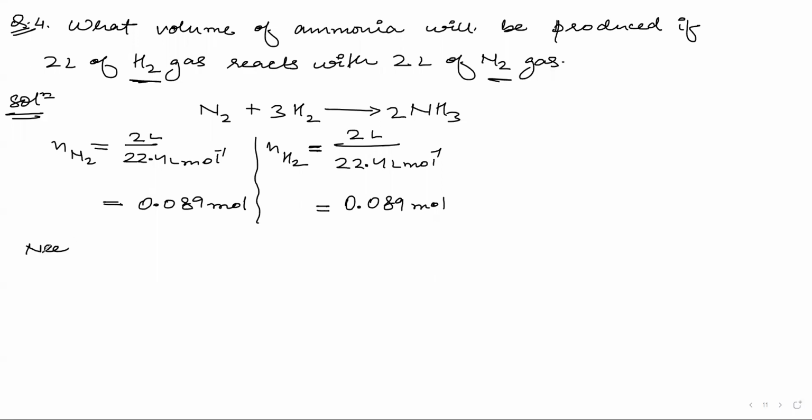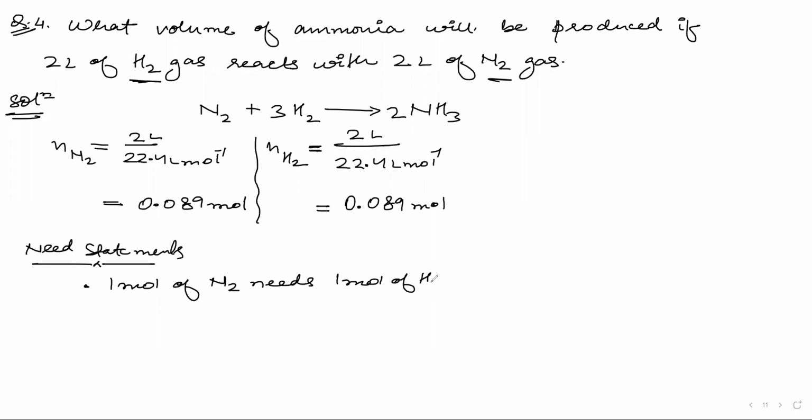So let us write the need statement and see. First need statement will be 1 mole of N2 needs 1 mole of H2. So 0.089 mole of N2 needs 0.089.